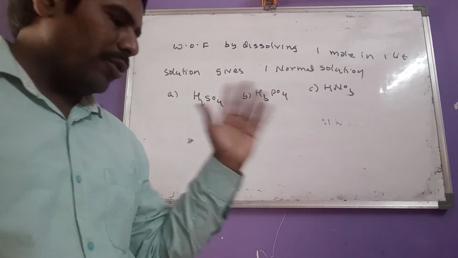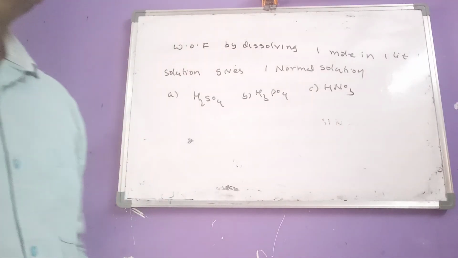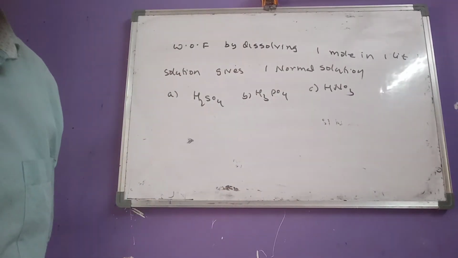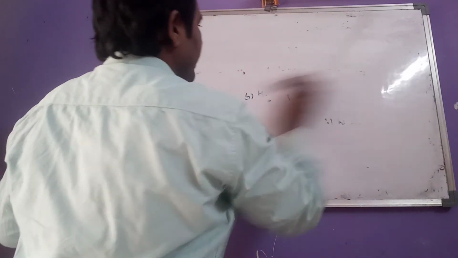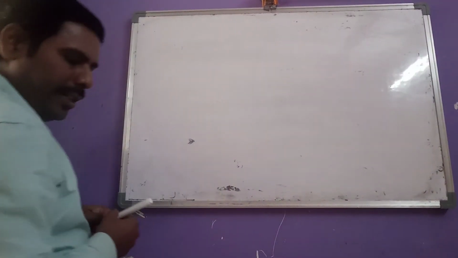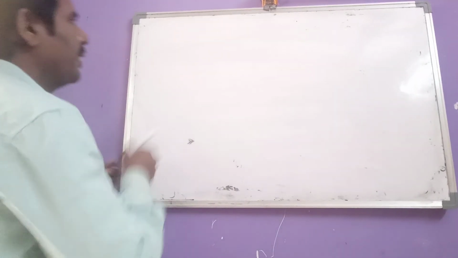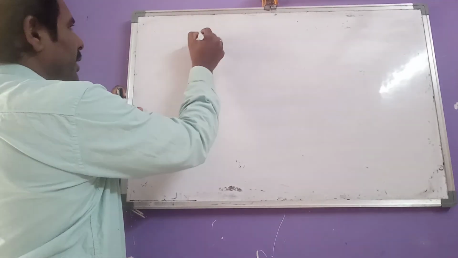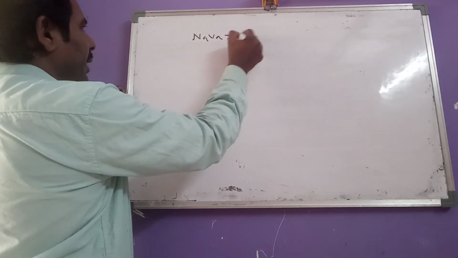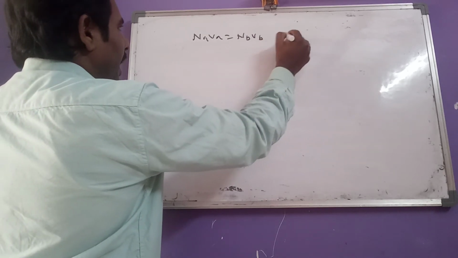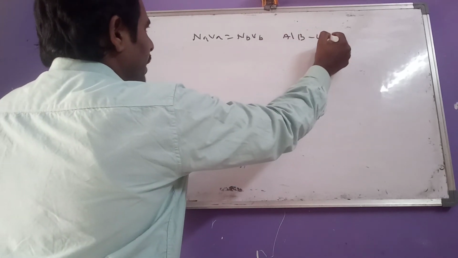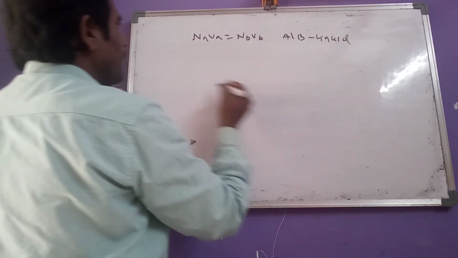Then come to the neutralization formula. If both acid and base are present in liquid state, use this formula: NaVa equals NbVb.